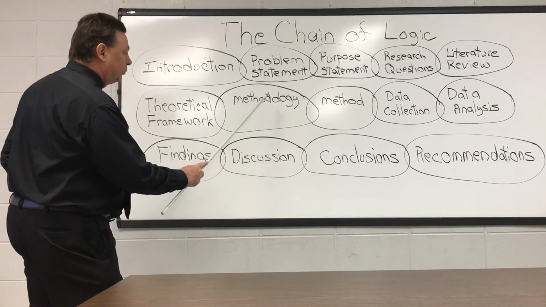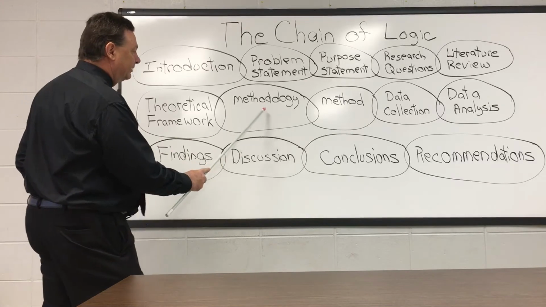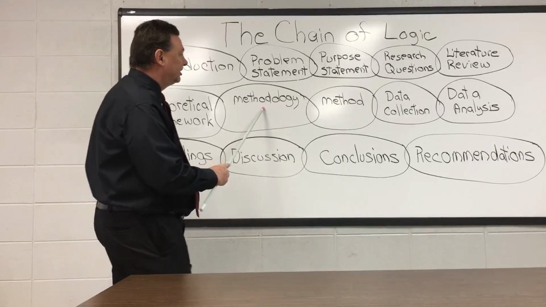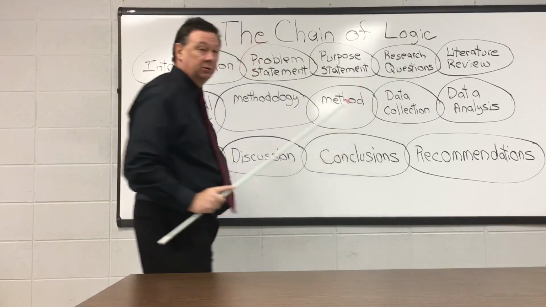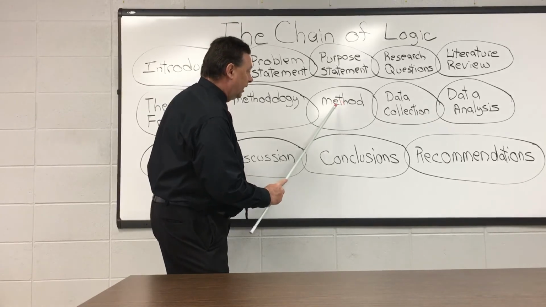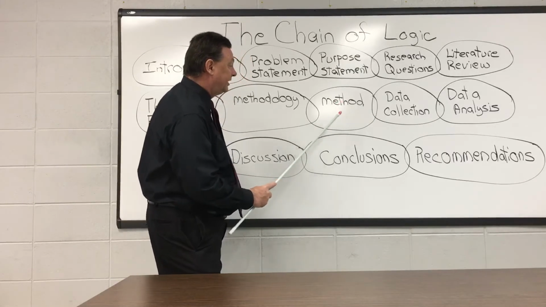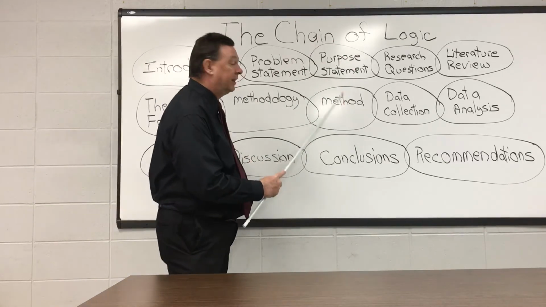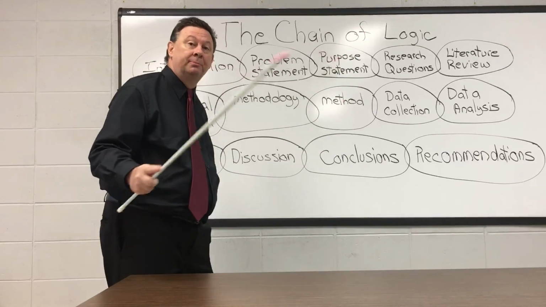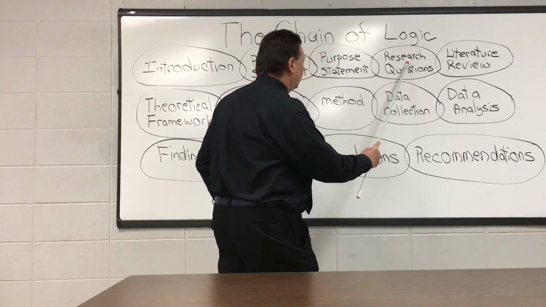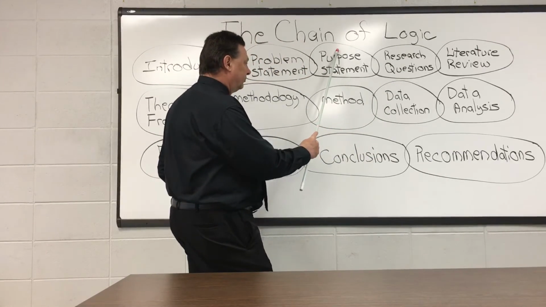The methodology, whether it is quantitative, qualitative, or mixed, will be the most appropriate methodology to use in order to answer the research questions. The method, whether it is narrative inquiry or grounded theory or ethnography or phenomenology or case study, should be the most appropriate method to use in order to answer the research questions and fulfill the purpose of the research.